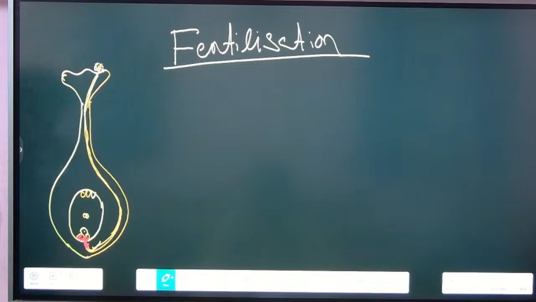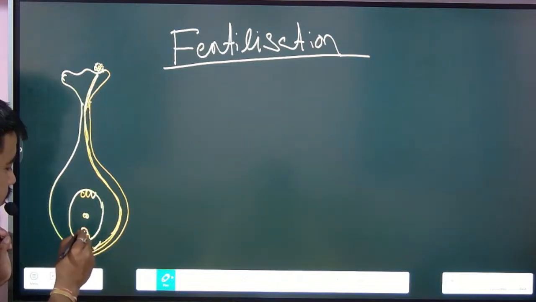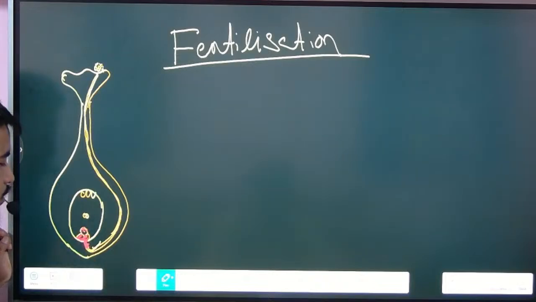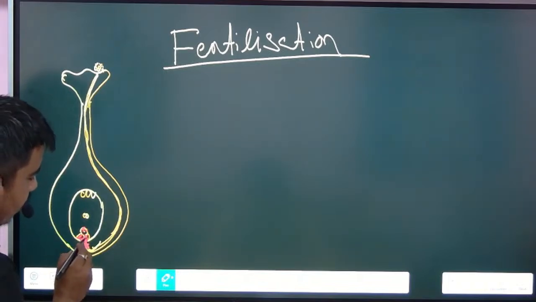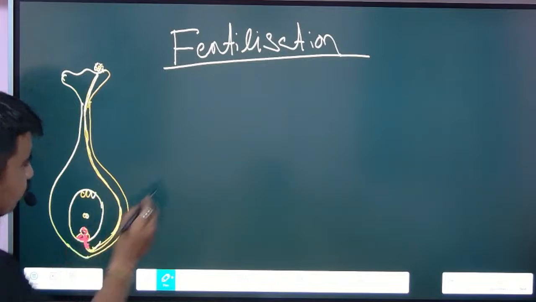Not the synergid, to the egg, because the actual motive or destination of the pollen is the egg, not the zygote. So the filiform apparatus shows the direction, and then the pollen tube is directed to the egg.